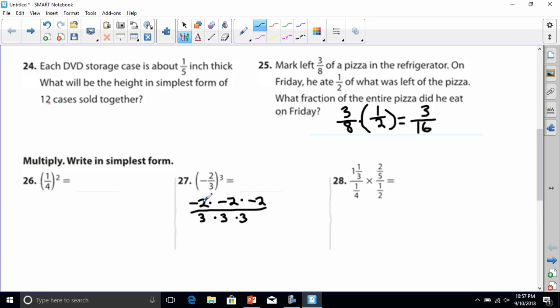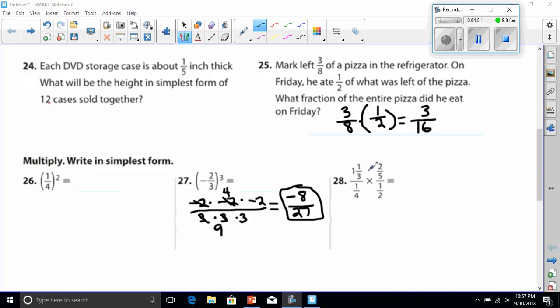Well, negative 2 times negative 2 makes a positive 4. And 4 times negative 2 makes a negative 8. Now 3 times 3 is 9, and 9 times 3 is 27. So the answer to this problem is going to be negative 8 over 27.